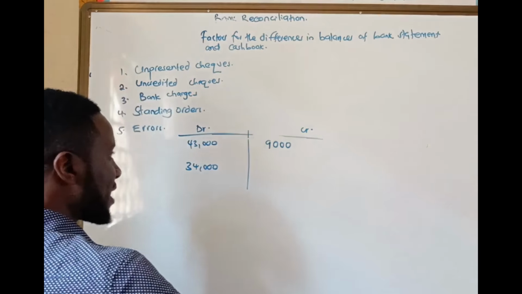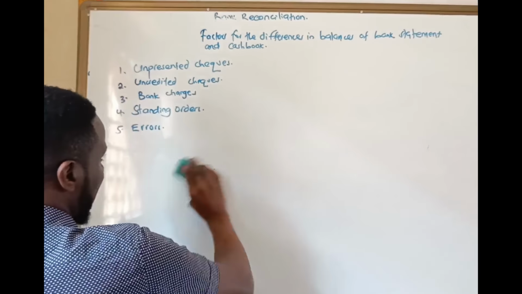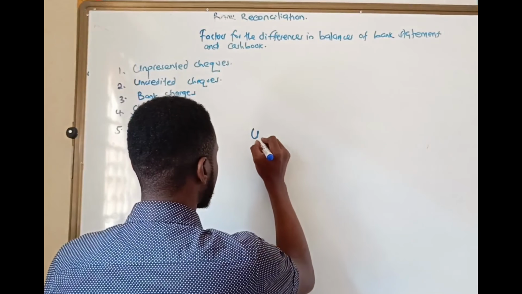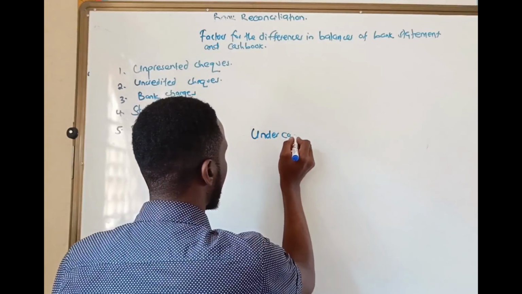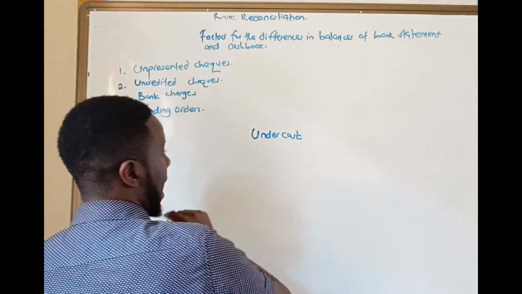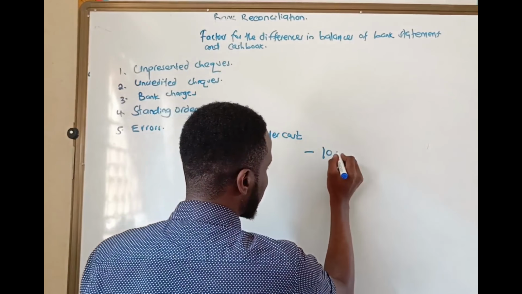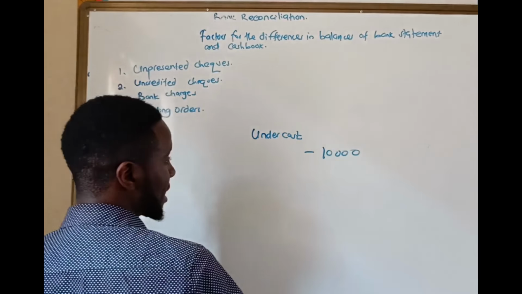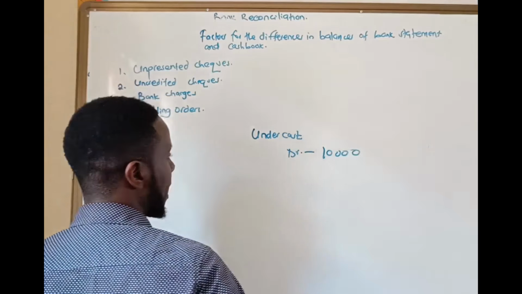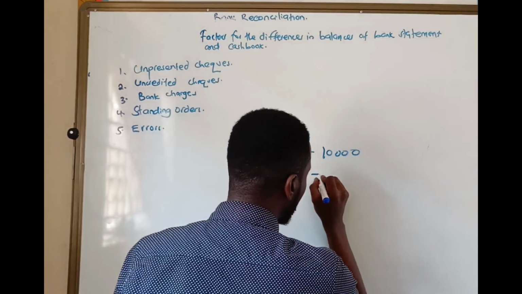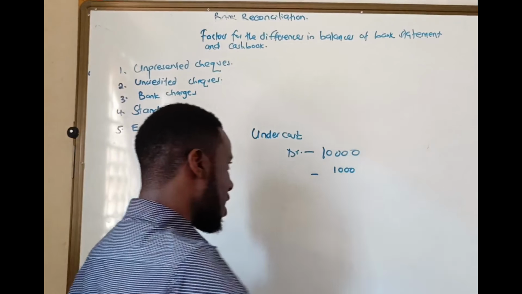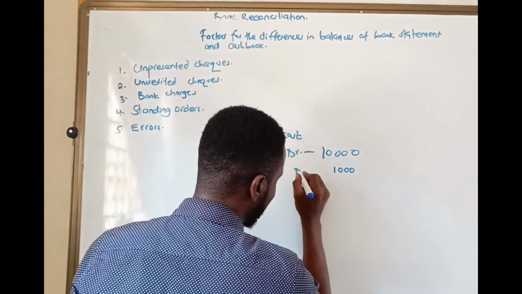Now, another thing could be an undercast. An undercast could be, for example, I'm supposed to record 10,000 on the debit side, but rather I record 1,000, still on the debit side.